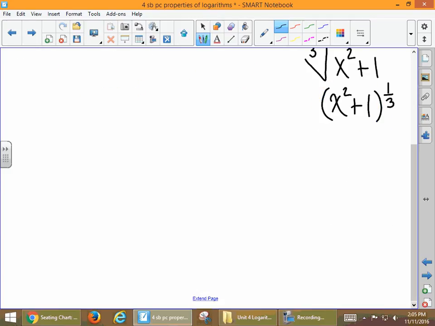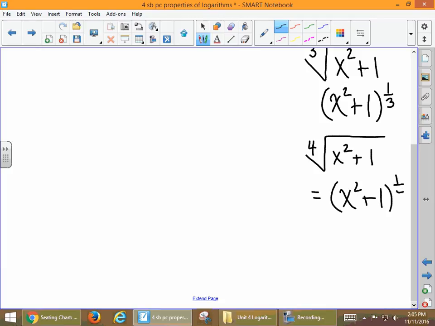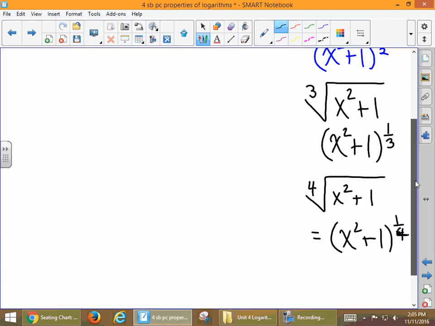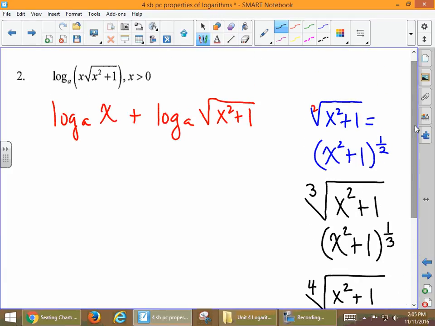Or if we had the 4th root of x squared plus 1, this would convert to x squared plus 1 to the 1/4. You kind of get the picture? I'm just making these up, just to refresh your memory. And as we get to the second page, we'll see something similar to that.